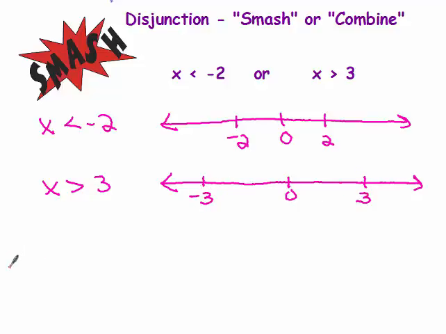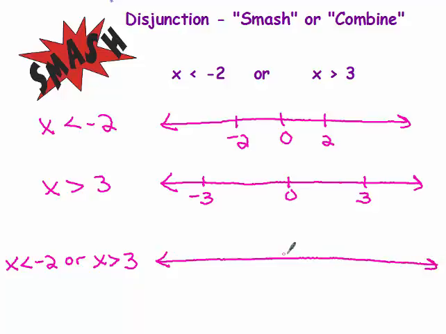And then my last one will be X is less than negative 2 or X is greater than 3. And here I'm going to put my 2, my 3, my negative 2, and my negative 3.